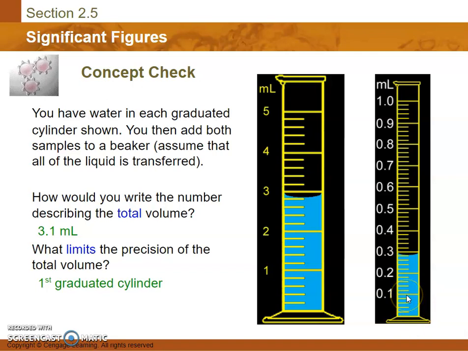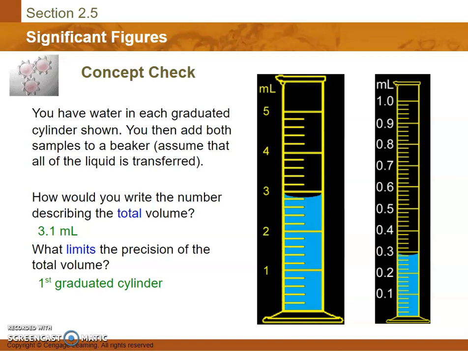We have 0.1, 0.2, 0.22, 0.24, 0.26, 0.28, and we're going to estimate our last digit, and I'm going to estimate it to be a 0.